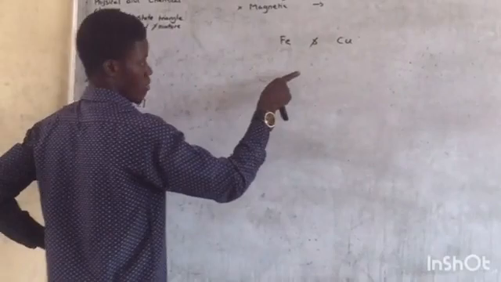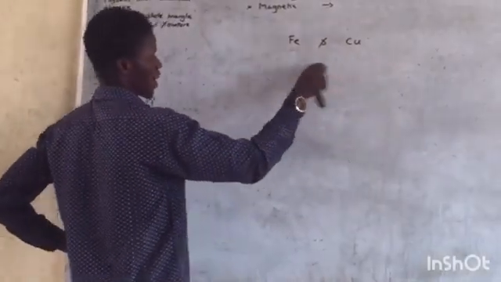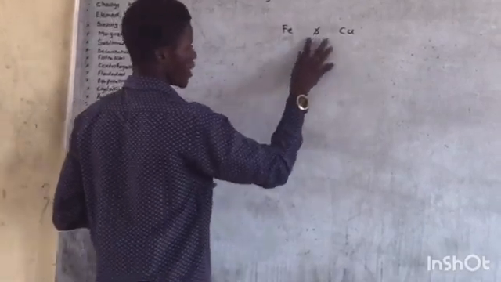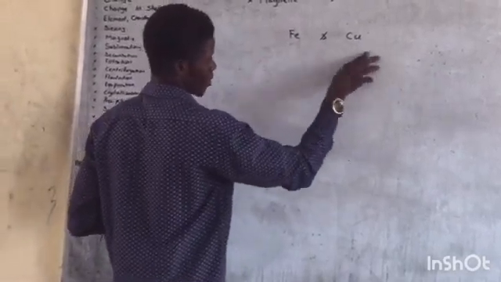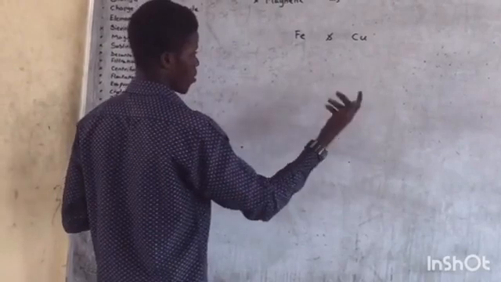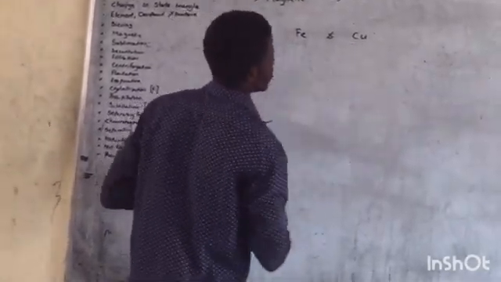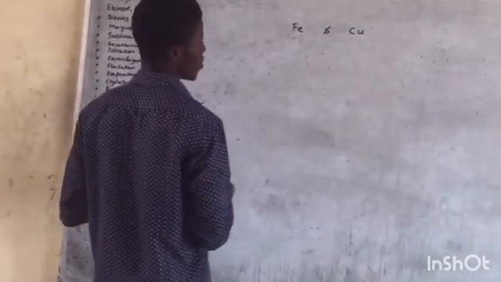If both of them are magnetic, the magnet will carry both of them, so you can't make use of it. But if we are lucky that one is iron and the other is copper, one is magnetic while the other is not, we can pick out the iron and leave the copper.